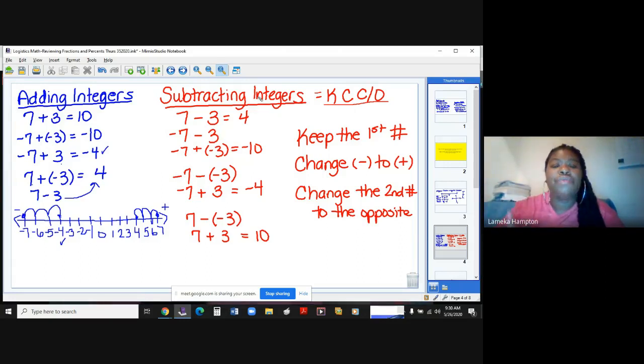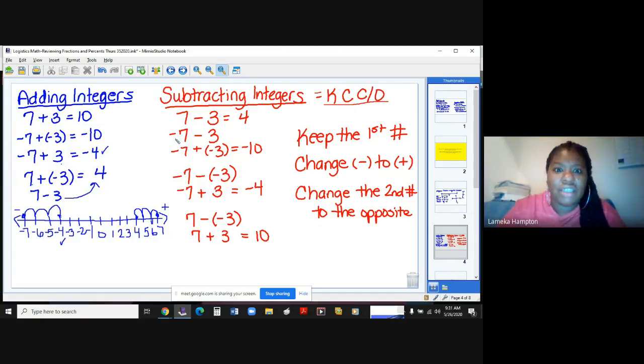So just remember, when you are reading these subtraction problems, please don't read them as -7 minus 3. The number does take the sign. If there is a subtraction sign in front of the number, that lets you know that it is a negative number. We wouldn't say -7 minus 3. We would say -7, because this is letting us know that the 7 is negative, because there is a sign in front of it.